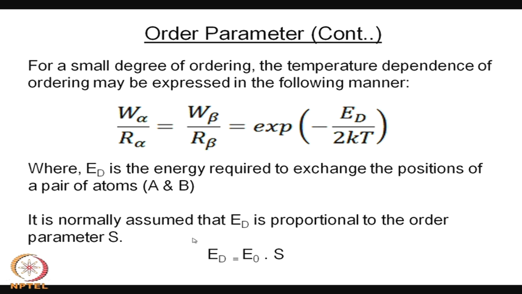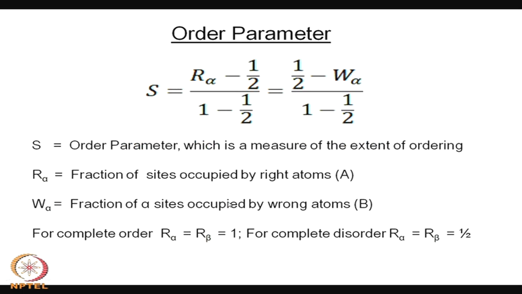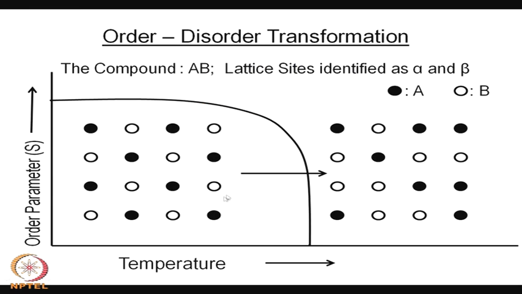So there is a relationship between the order parameter and the temperature, and this order parameter remains more or less at a constant value till a transition temperature is reached. This is what we call the transition temperature, where suddenly the order structure changes to a disorder structure, or the disorder structure comes back to the order structure.